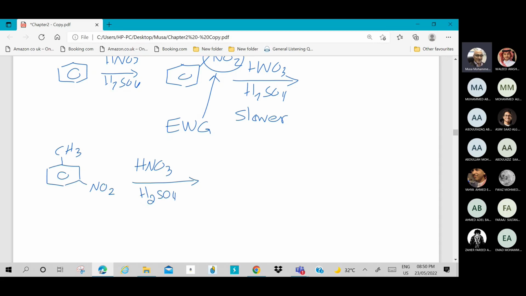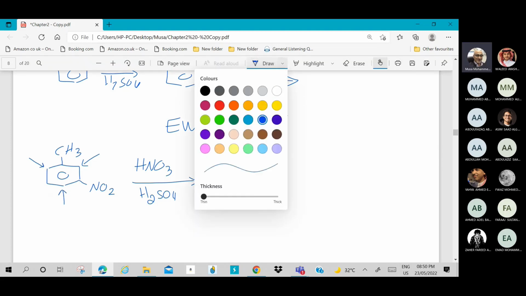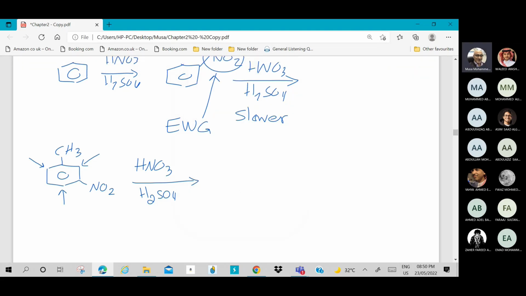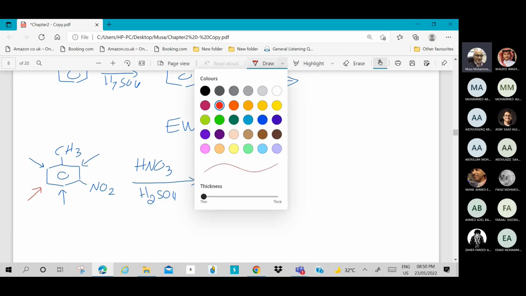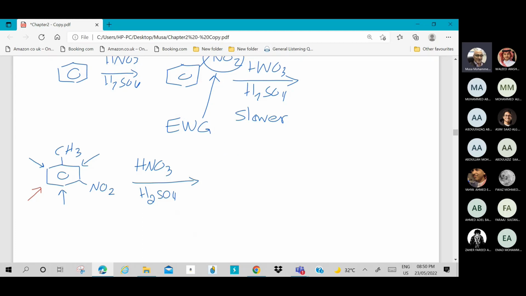Then we look at the two groups that are available, CH3 and NO2. Now, we know that CH3 is ortho para director, and we know that nitro group is meta director. So this means nitro will push the reaction to go in this direction. Which one will decide? The one that will decide is the activator. And if you have two activators, then the stronger activator will decide.